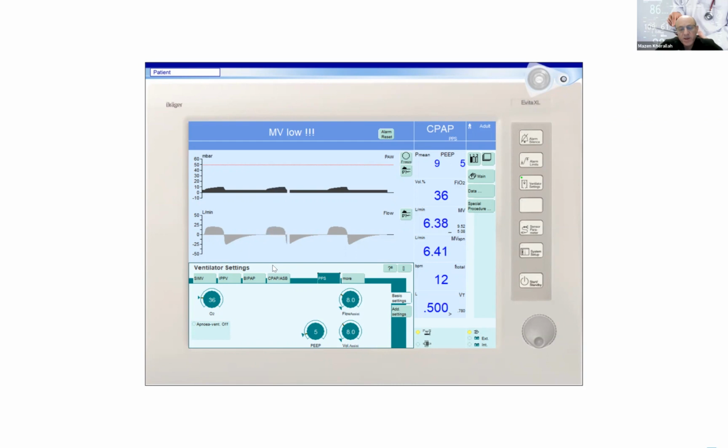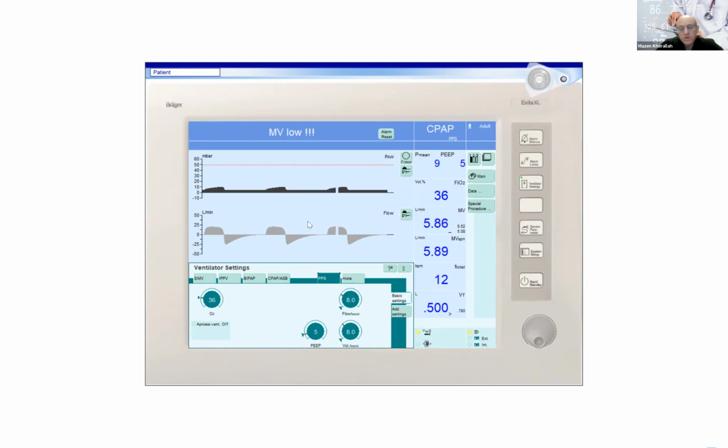If you have a patient who has a very high elastance, you need to give more volume assist. If you have a patient who has airway obstruction and asthma, you need to give more of the flow assist.